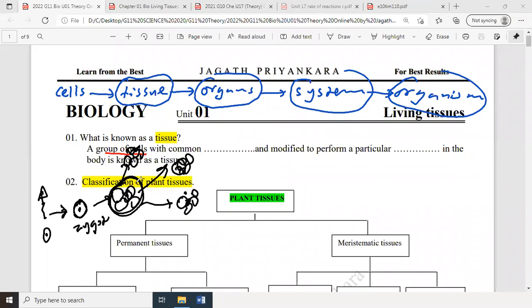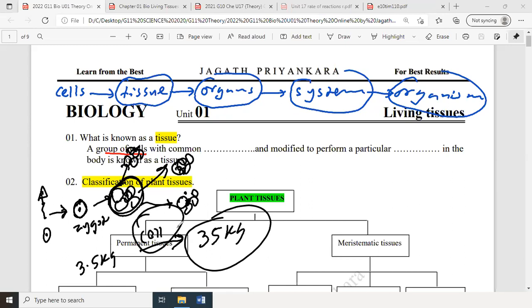One cell, the zygote, is not visible even to our naked eye, but the average birth weight of a baby was around 3.5 kilos, and now some of you are more than 35 kilos. Imagine what has happened during this time, from 3.5 kilos to 35 or 40 kilos. The number of cells has increased.